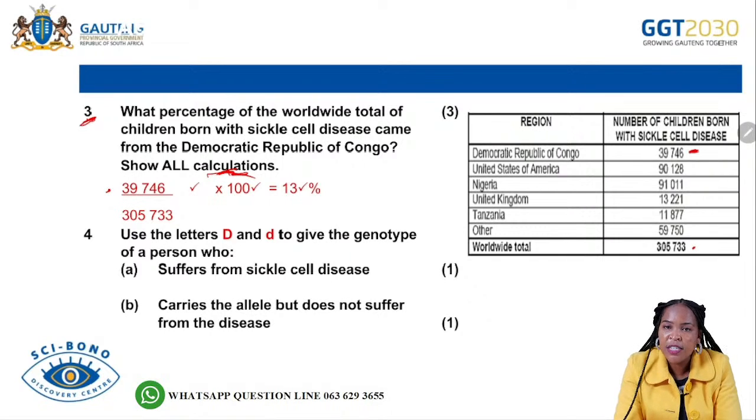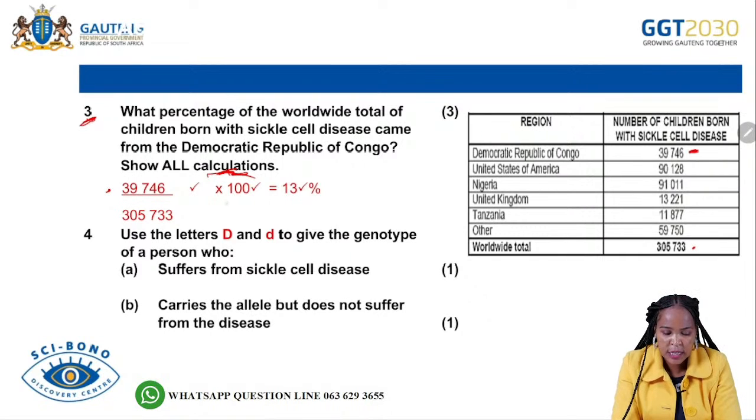And remember, every time when you want to convert something to a percentage, you multiply it by 100. So there's a mark here on 100, and there's also a mark here on the division from what you want from the total. Then all in all, it is 13% of the children in the Republic of Congo that have sickle cell disease.